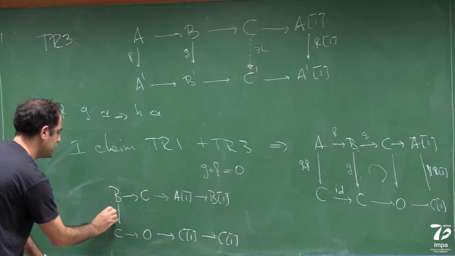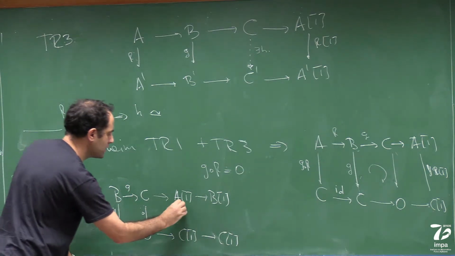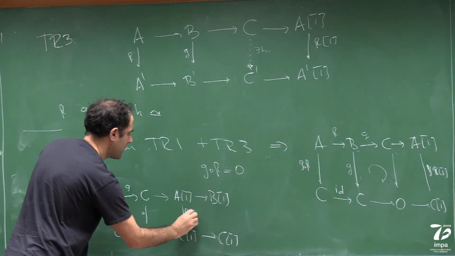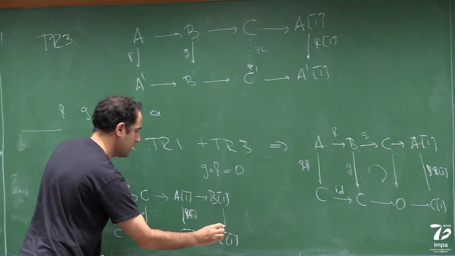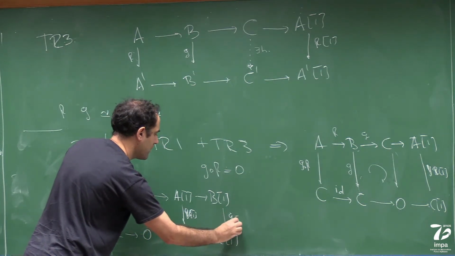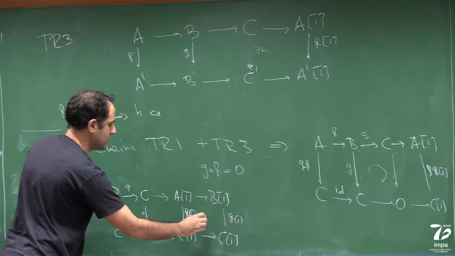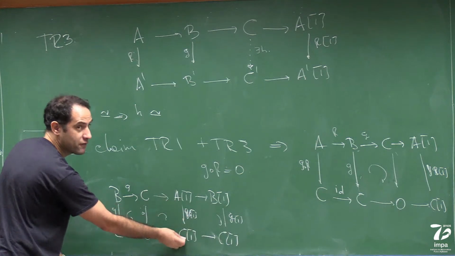Now here is G, here is 0, here is G, so this diagram commutes. Here is F composed with G shifted by 1. Here is G shifted by 1. And now this guy commutes and this guy commutes. So this is the only one that we do not know if it exists and it commutes.